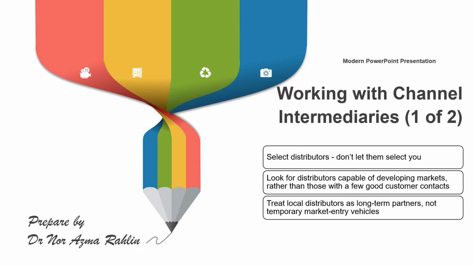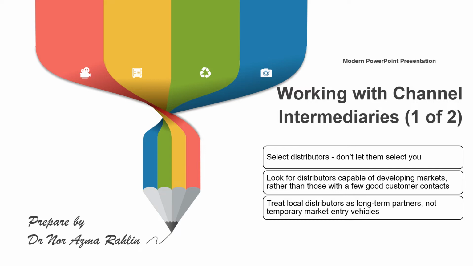Okay, first step here: select your distributor. Don't let them select you. A company must not link up with a distributor by default after being approached by a representative at a trade fair. In fact, such eager candidates may already be serving a company's competitor. Their objective may be to maintain control over the product category in a given market.